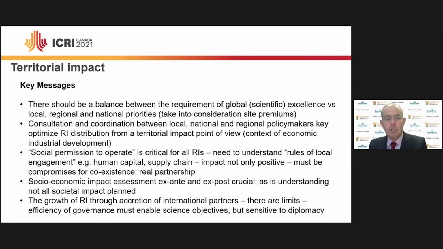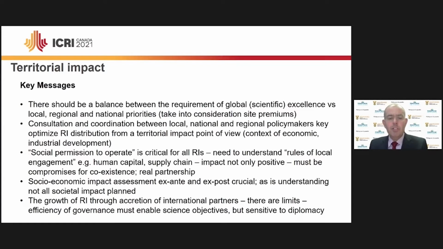Crucial to maximize the territorial impact is close cooperation and consultation between policymakers at the different levels of government, specifically within the context of how the hosting and support for a research infrastructure aligns with economic and industrial development programs.